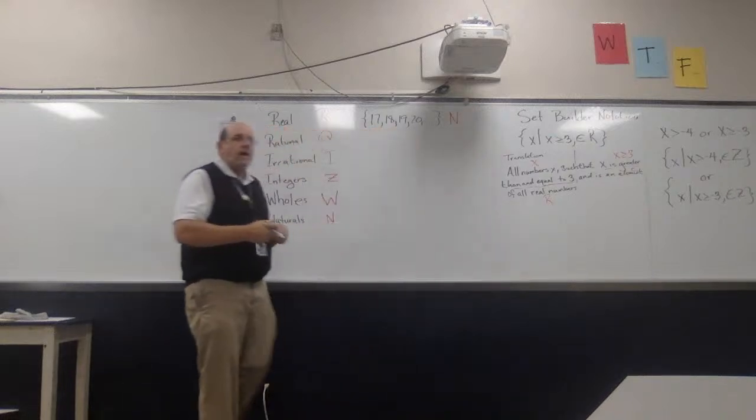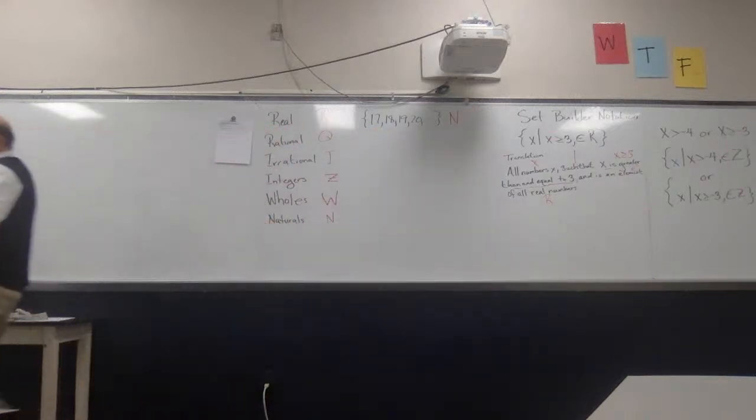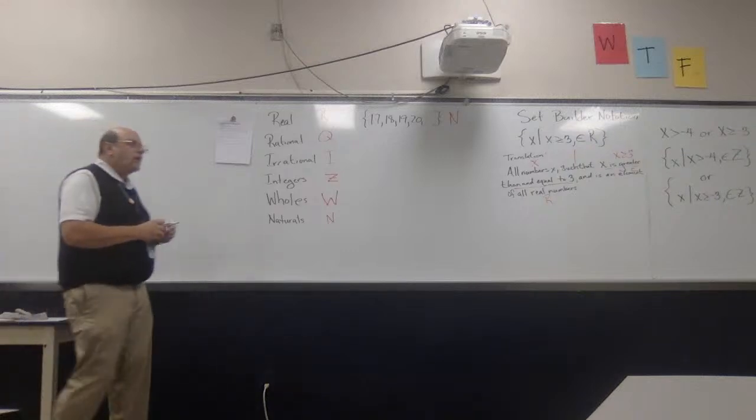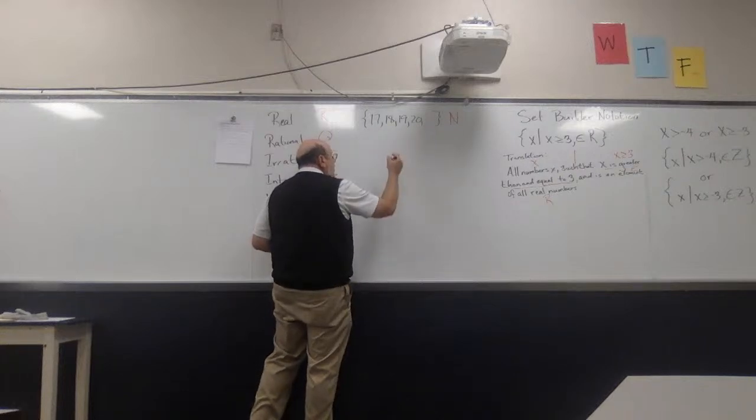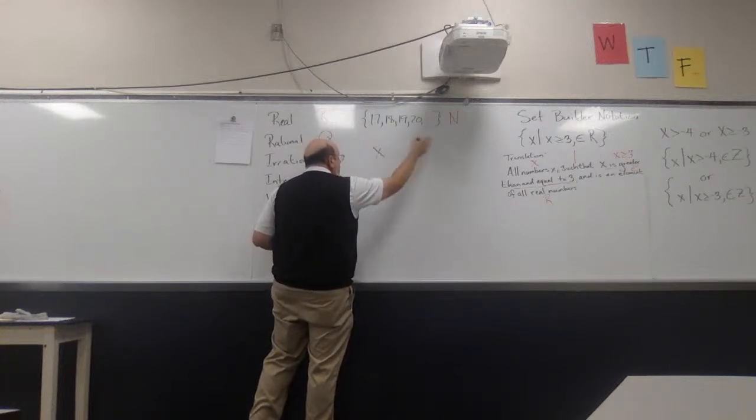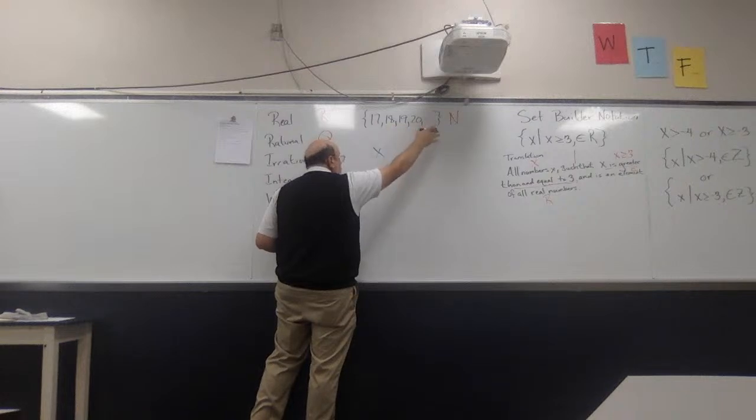And now what might my inequality look like if I'm talking about natural numbers? Give me an inequality. We're talking about every number that's greater or less. Are we going up or are we going down? We're going greater.